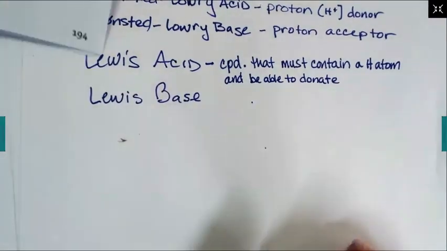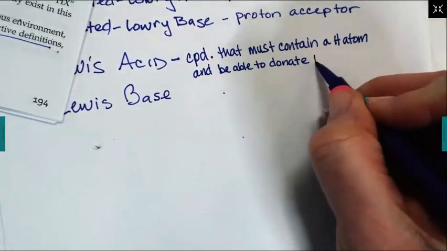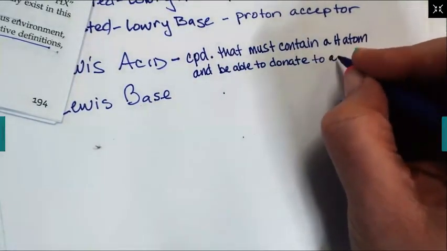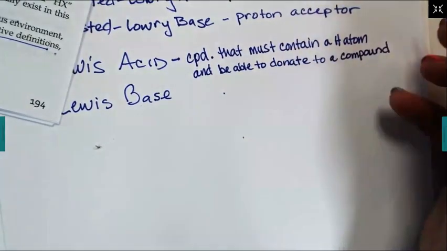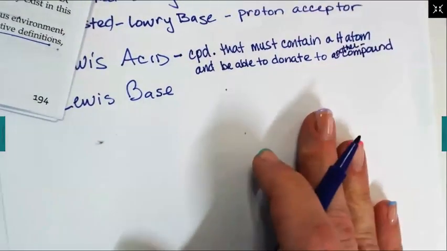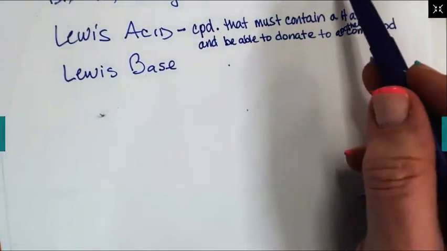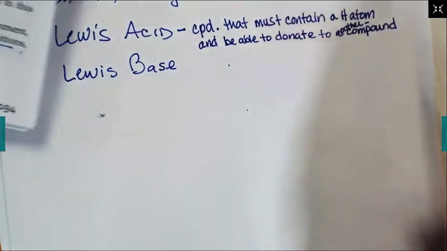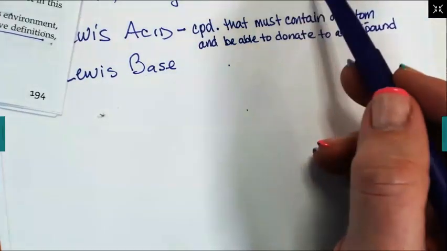Yeah, a compound that must contain a hydrogen atom and be able to donate to another compound. So I see what you're saying. You're saying it's too similar to this one. Okay, I see that differently, but okay.